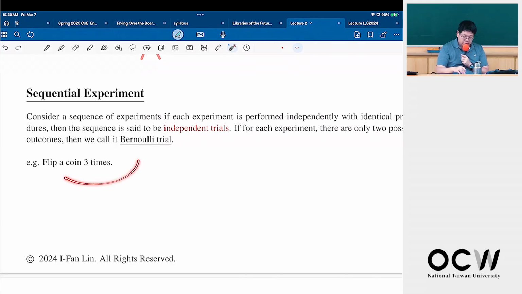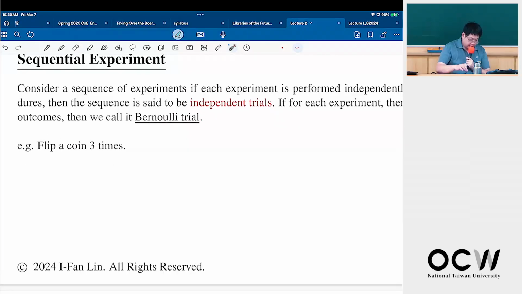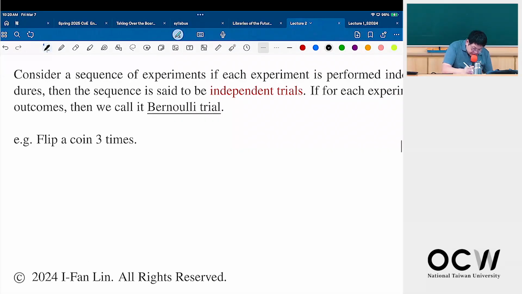So if I flip a coin 3 times, the first time I flip the coin, my second time I flip the coin, the third time I flip the coin, they are independent. So if I flip a coin 3 times, what is the probability of getting 3 heads? Since they are independent, even though I have 3 events here, they just have the head as an event.